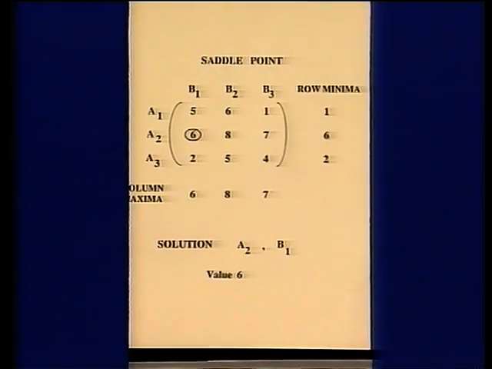Well, as I've mentioned, some games do have a saddle point. And what I want to do is to look at such a game in detail and see how we might effect a solution. Now, here we can see a payoff matrix. A and B each have 3 courses of action. The payoffs to A are shown in the table.